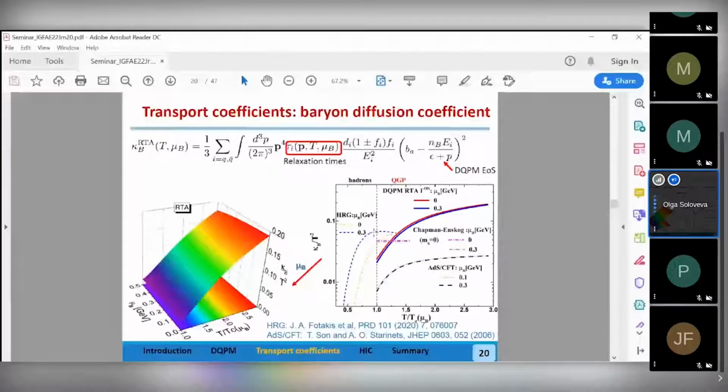It was also interesting to compare with a formula obtained by the AdS/CFT correspondence. Here we have used the formula from Son and Starinets and put in our equation of state. As you can see, our values are higher than the AdS/CFT correspondence, as in the case of shear viscosity.